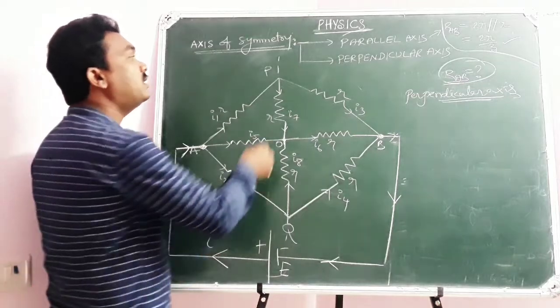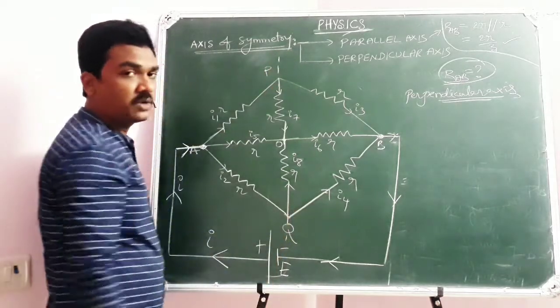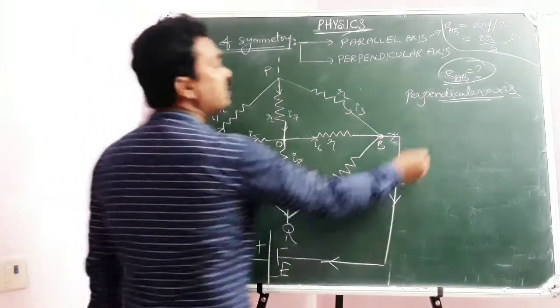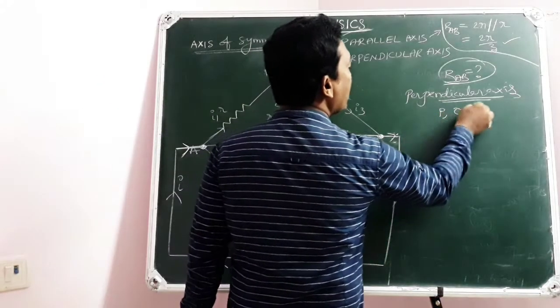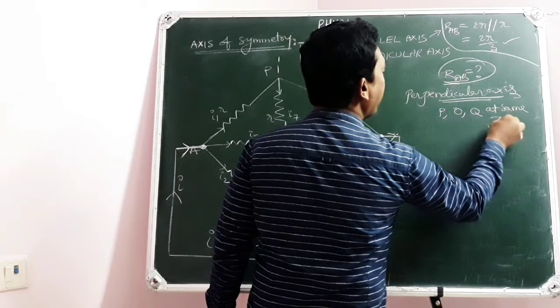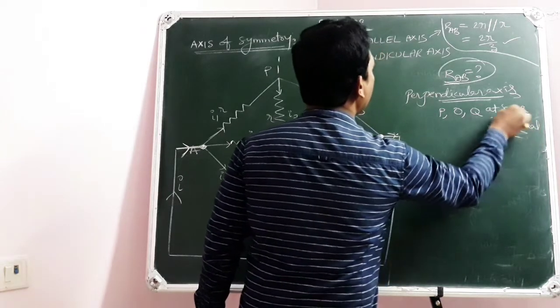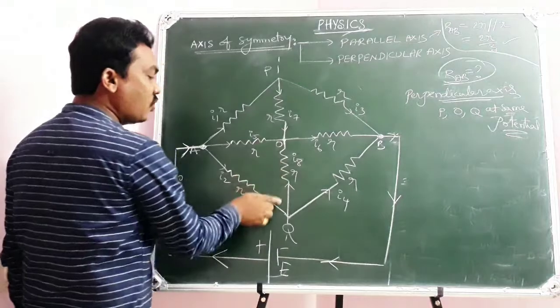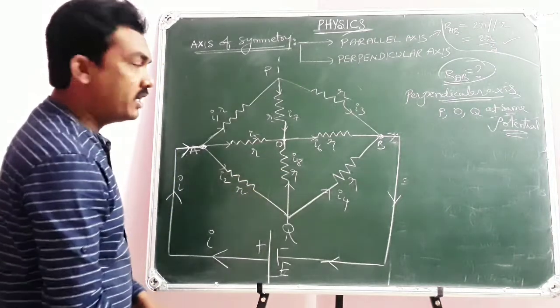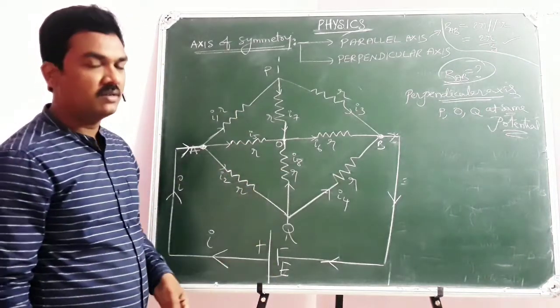Only the points that lie on the perpendicular axis will be equipotential points. Means P, O, Q will be at the same potential. Equipotential points, P, O, Q. Earlier only PQ was equipotential. Now P, O, Q will be equipotential. If that is the case, A, O, Q are at the same potential.